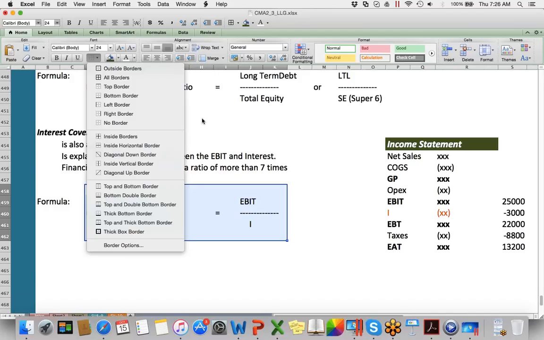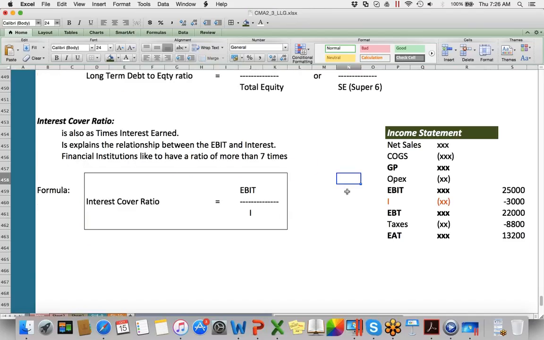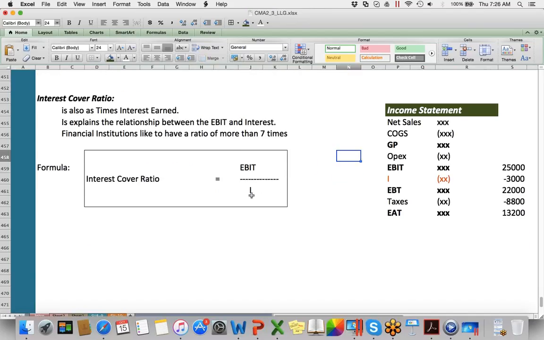Almost in every examination we have this. EBIT over I. So here if you calculate EBIT over I, 25,000 divided by 3,000, it gives you 8 point something, 8.33. It's a good sign.